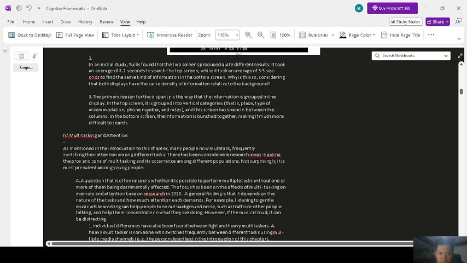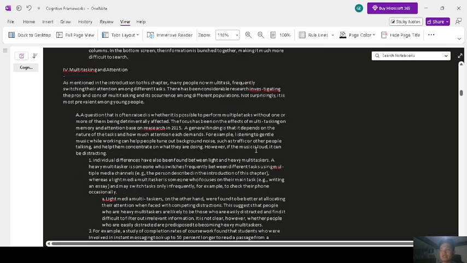In the top screen, it is grouped into vertical categories, that is, place, type of accommodation, phone number, and rates, and this screen has space in between the columns. In the bottom screen, the information is bunched together, making it much more difficult to search.